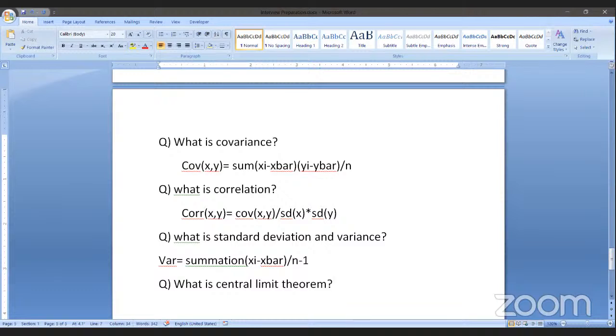So central limit theorem states that distribution of the sample mean approximates a normal distribution as the sample size is increased.